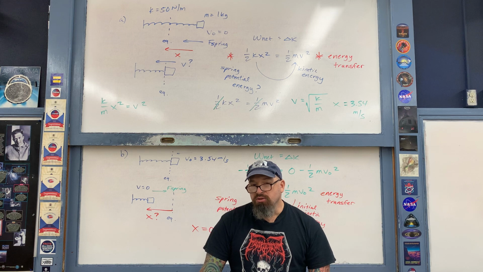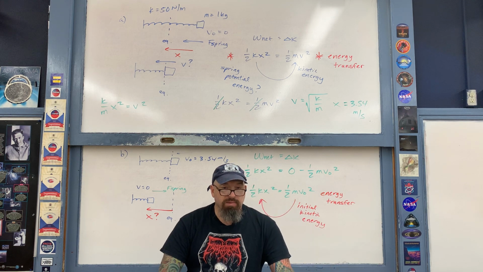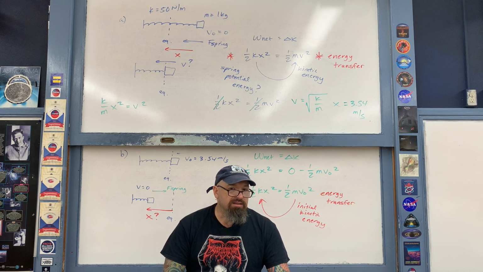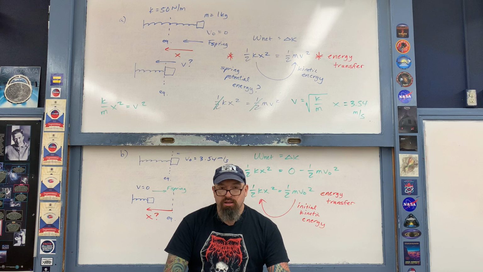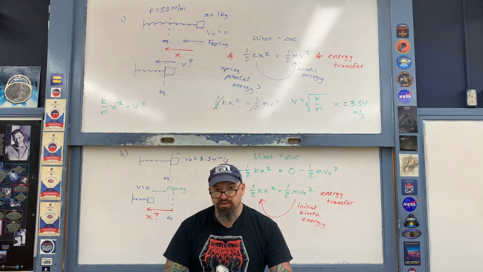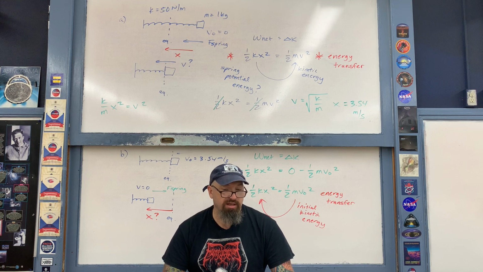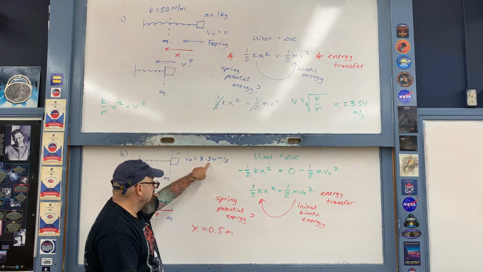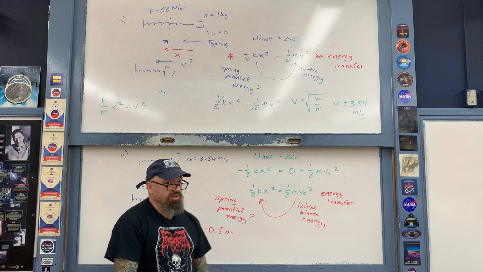So as long as there is no friction and the spring is idealized, with no heat loss in the spring, then this object will oscillate forever in this manner. It will alternately stretch and compress the spring 0.5 meters from equilibrium every single time, and it will always pass through the equilibrium position with a speed of 3.54 meters per second.